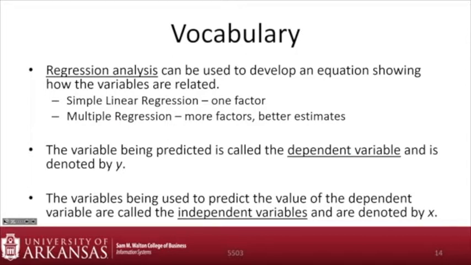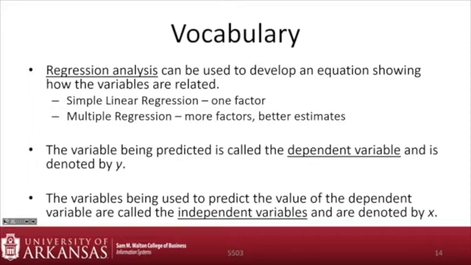Regression analysis, the big idea is we're developing some type of equation, a model, to show how variables are related. So chapter 14 is all about simple regression, so we're using one variable to predict another variable. Then we get into chapter 15, and we do multiple regression. We get more factors. That's another word we could use for our independent variables, factors.